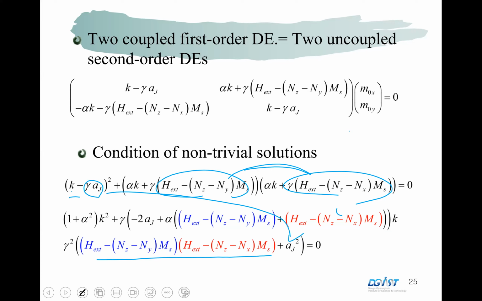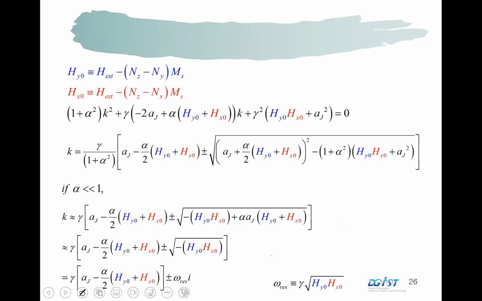You solved this kind of quadratic equation maybe more than 100 times when you were a high school student, right? So we can use the well-known equations, but before that, we can make a definition of a new kind of effective field. Let's say HY0 and HX0, in blue and red.